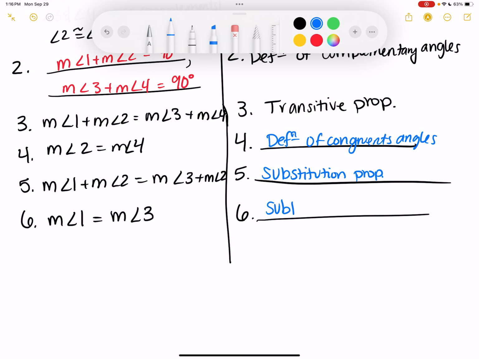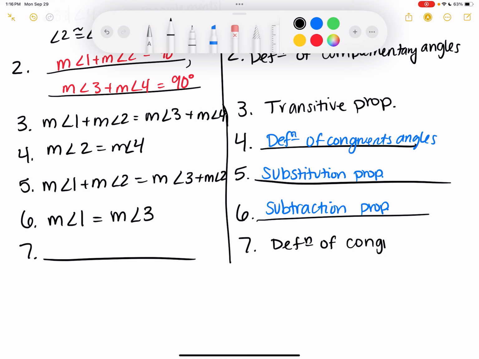Yep, subtraction property. And the last step, they want us to fill in. They tell us the reason is definition of congruent angles. So what would be my last step? Angle 1 is equal to angle 3. Angle 1 congruent to angle 3.